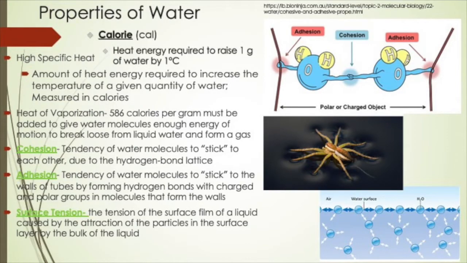Other properties of water can include high specific heat, right? You're going to have a lot of bonding, so you have to break those bonds, right? Usually a calorie of heat is the amount of energy required to increase the temperature of 1 gram of water by 1 degree Celsius.